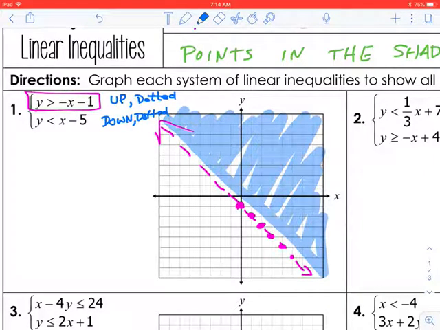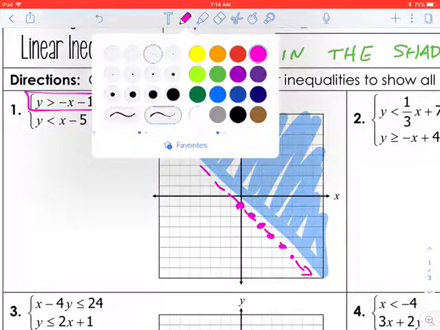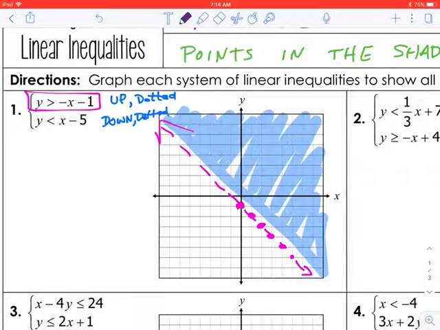So now I shade the other line, and I'm trying to figure out where do both of them shade. Okay, so in this case, it's -5. 1, 2, 3, 4, 5's right here. And it's going to be going up 1 over 1 for the slope.